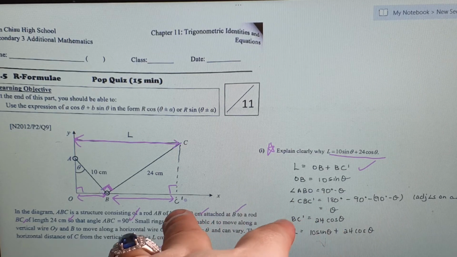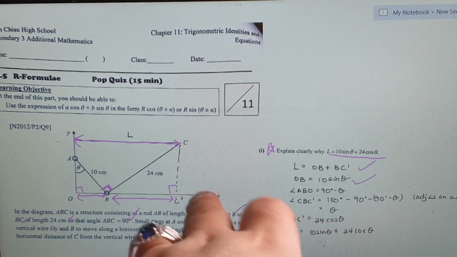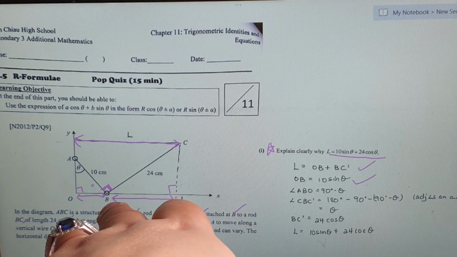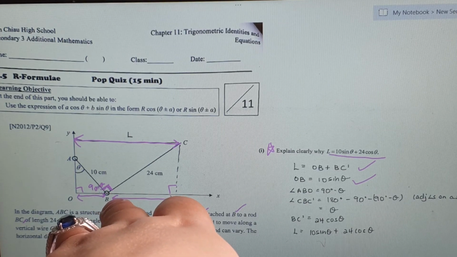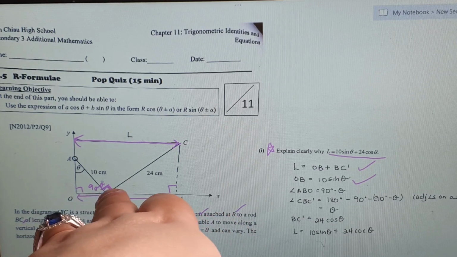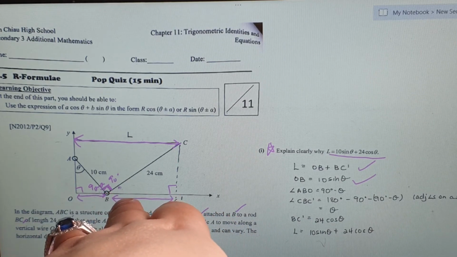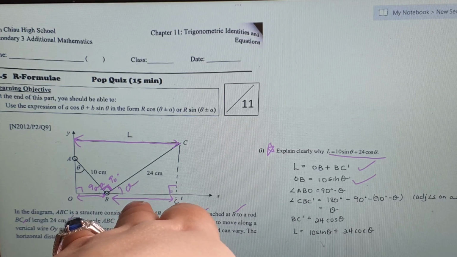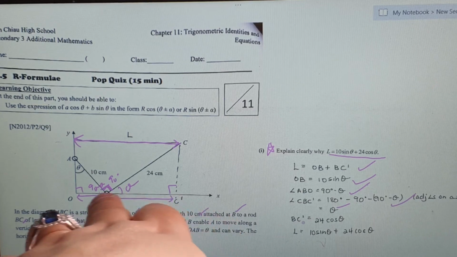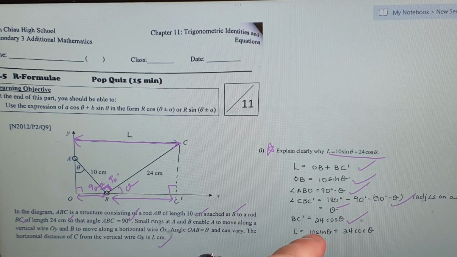The BC prime is here. And if this is theta, this must be 90 minus theta. Using angles on a straight line, this is 90 minus theta, this is 90, so this must be theta. Got it? That means your BC prime, using SOH CAH TOA, is this one. So you have shown already. Finish.